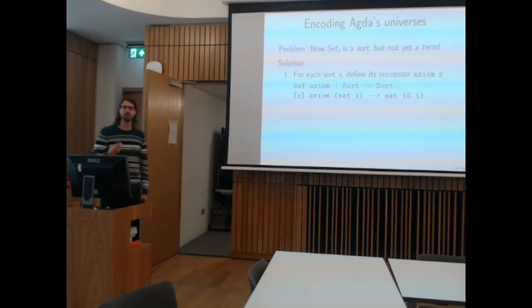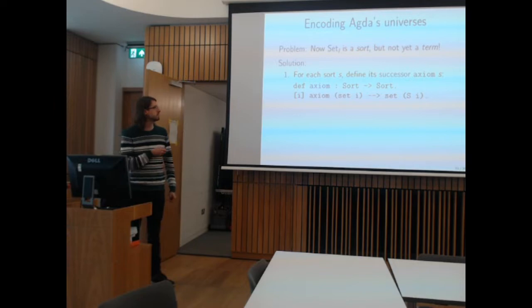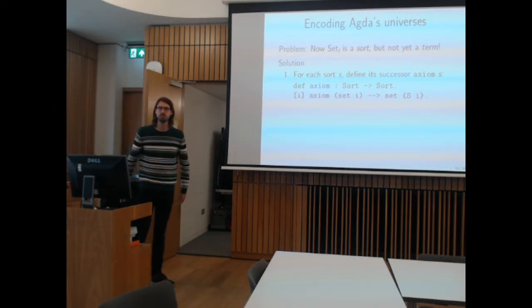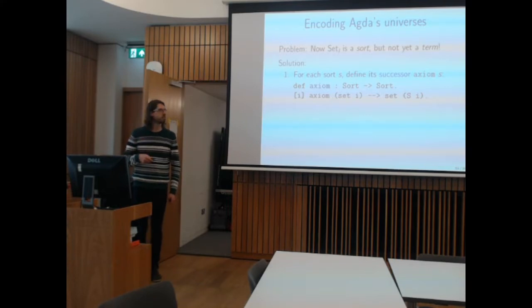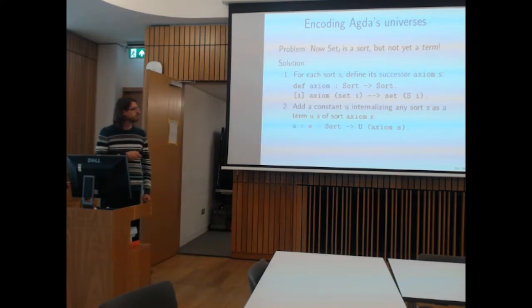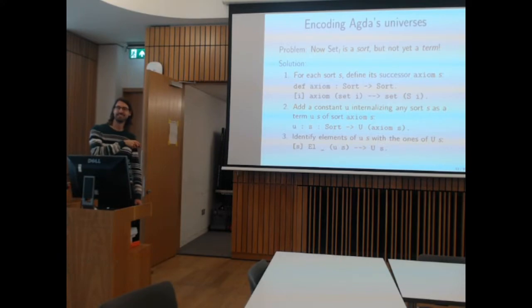For this we need the axiom rule of a pure type system, as Phil mentioned. We need to know for each sort what sort it belongs to. Since we only have set I, we just get set successor of I. Then we internalize that: for each sort we get a term of type of this universe axiom S, and we identify the elements of these terms with the universe S.